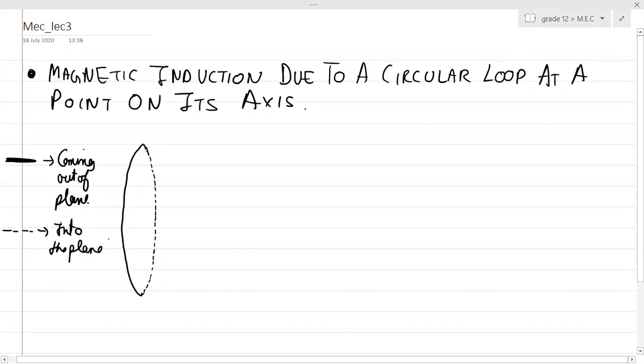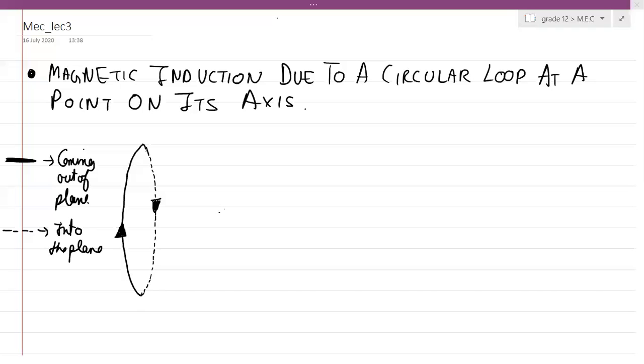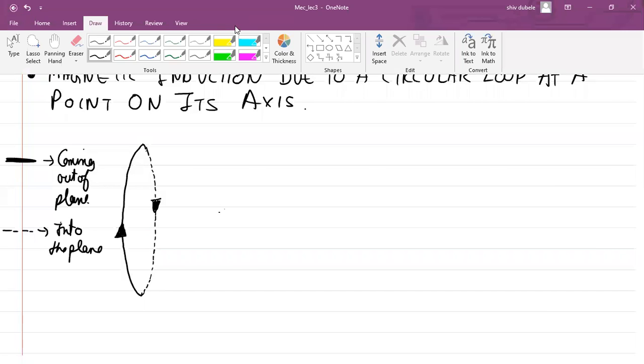And the dashed part is basically into the plane. Guys, are you able to understand the figure? Yes, sir. So basically, the current in this thing is going from here to here. Can anyone tell me, if you see from the right of the loop, what will be the direction of current? Clockwise or anti-clockwise?